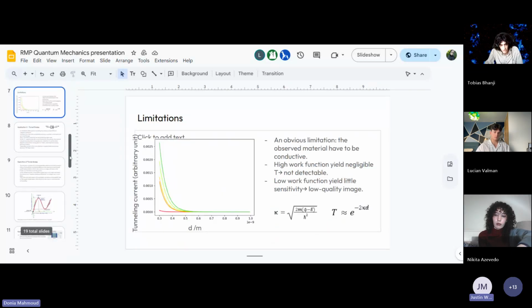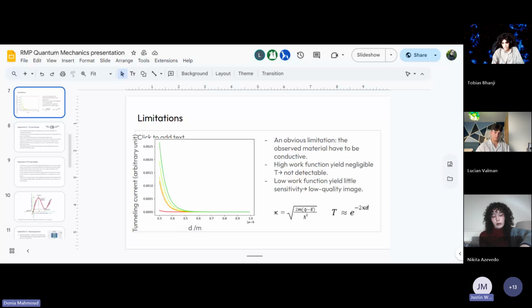So the advantage of the STMs is that the image is produced with atomic resolution, but the limitations are also obvious, because the object has to be conductive. Also, if the object has a large work function, like diamond, which is shown on the graph as the red line, the tunneling probability would become negligible.